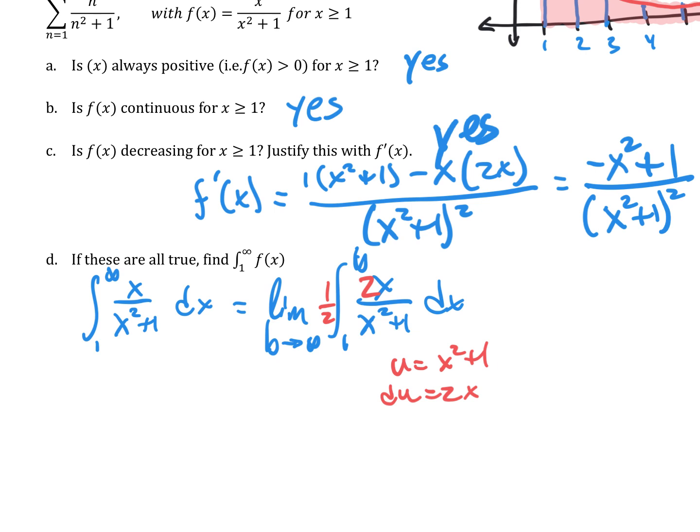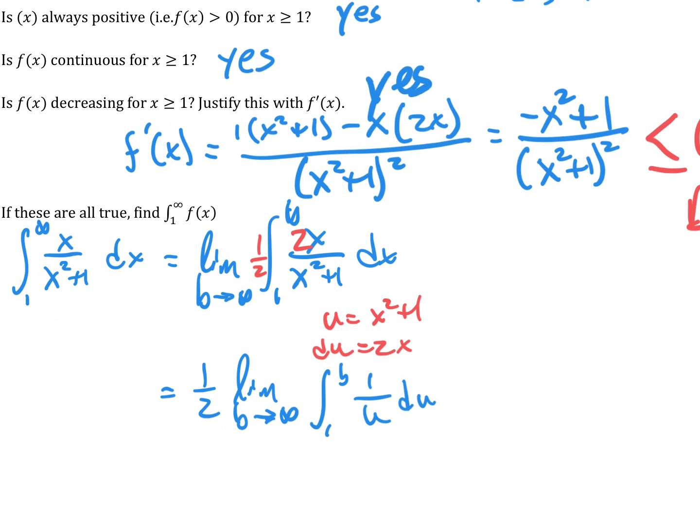And we've got u. This is just 1 over u. Also, let's pull the 1/2 out of the limit. You can do that because 1/2 doesn't have anything to do with b. So this is from 1 to b, and this is 1 over u du. All right.